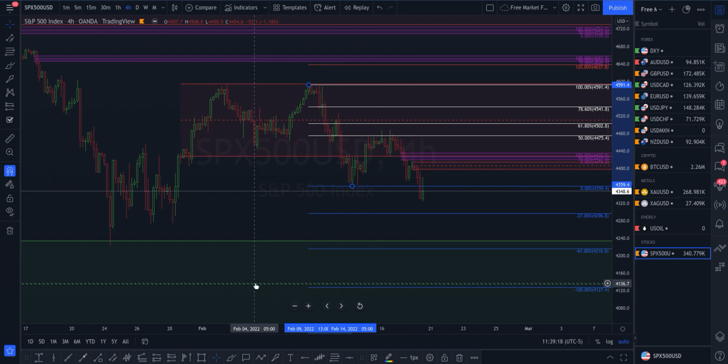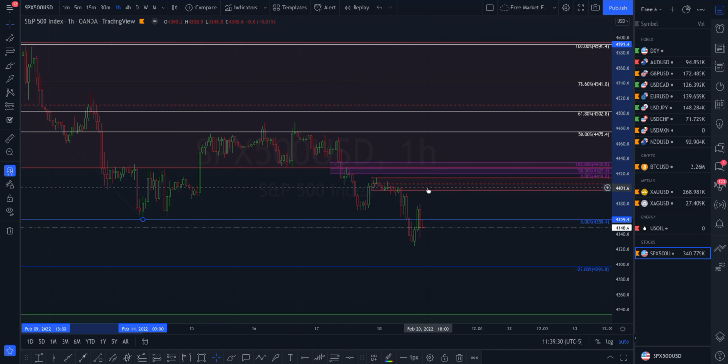Yeah, this one is already on its extension run. So I'm thinking we may see this pull back into this 1 hour here. That's been mitigated. We may see a pullback in this 1 hour.